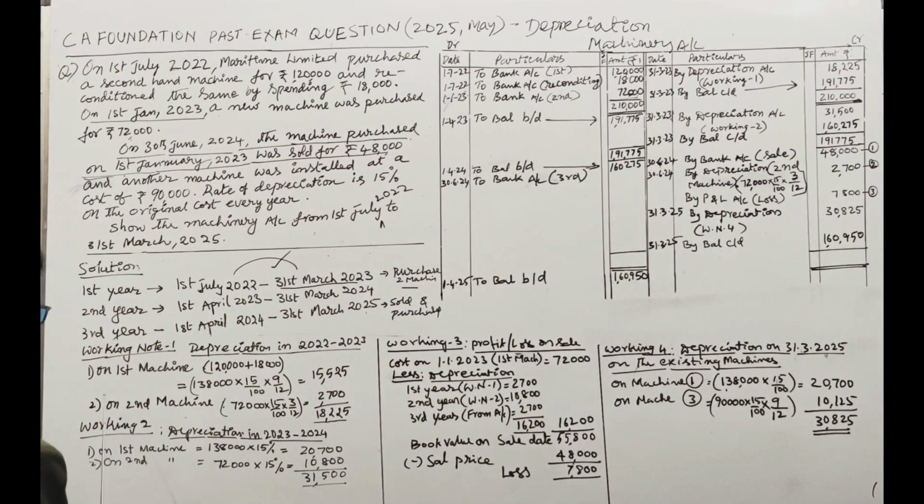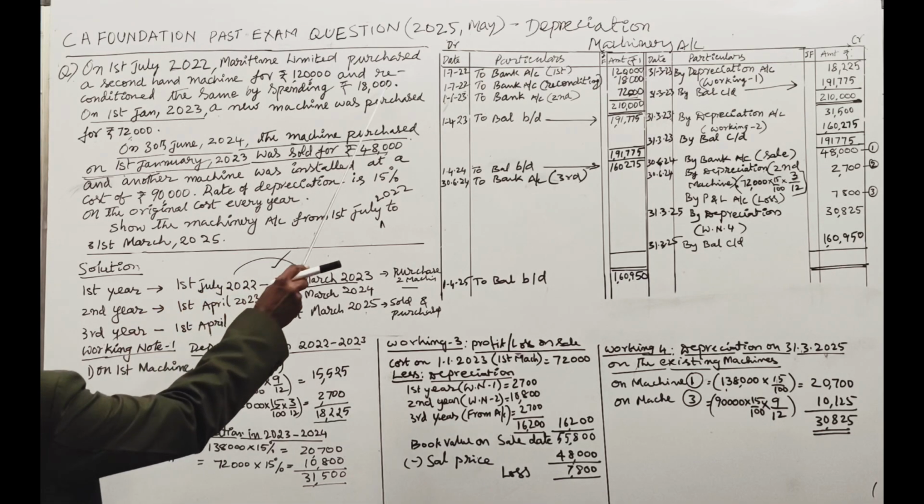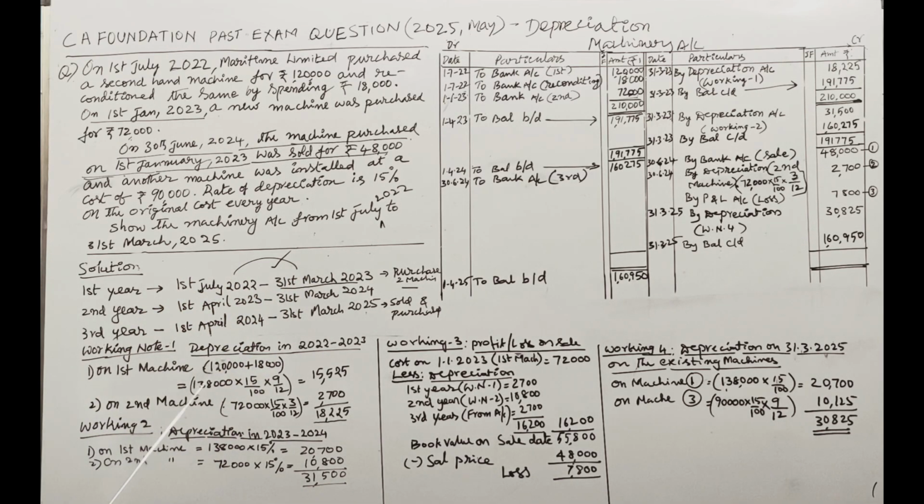Here, working note 1. Depreciation in 2022-23, you must write like this. Number 1, on first machine, 1,20,000 plus 18,000.